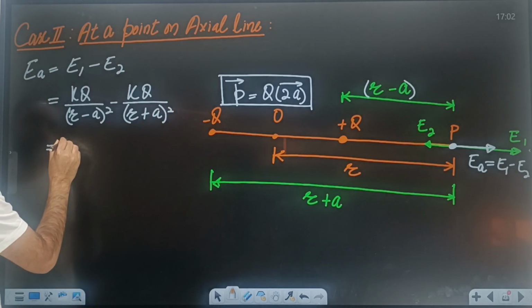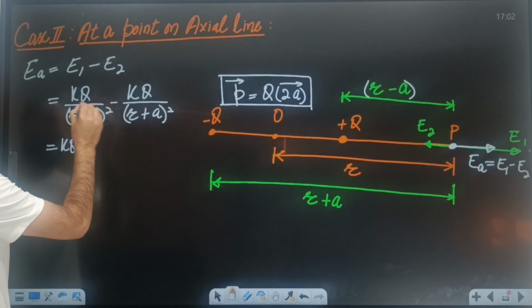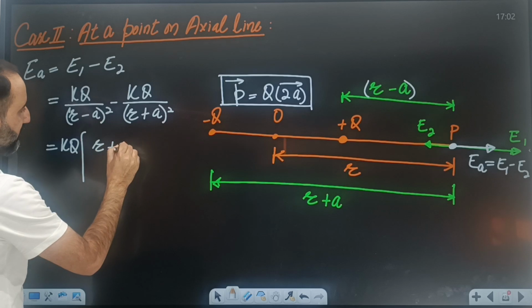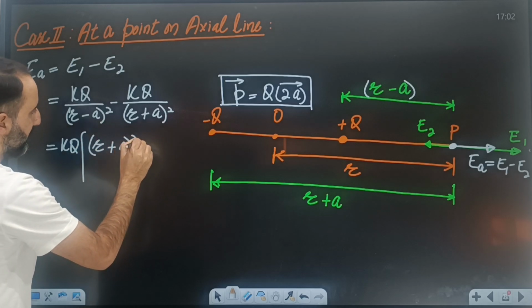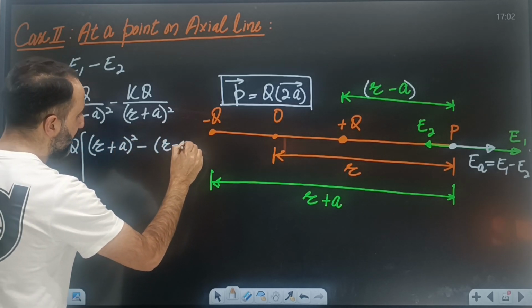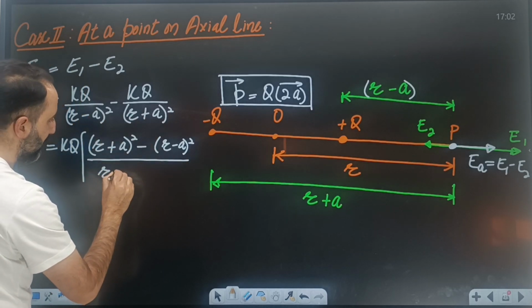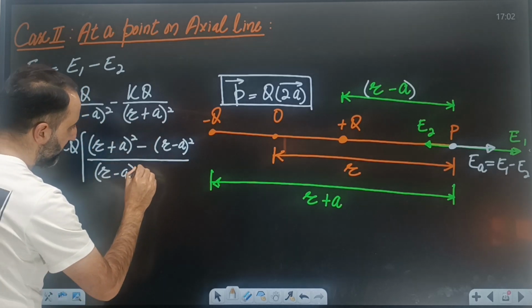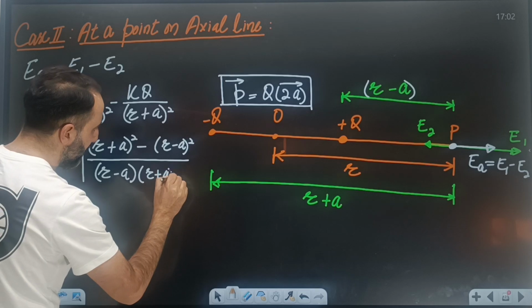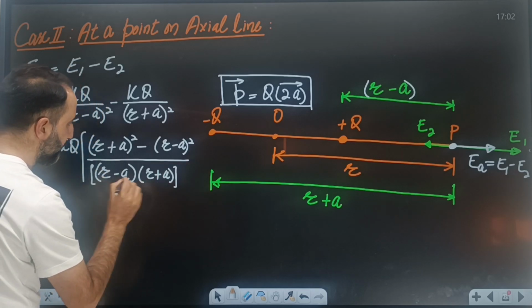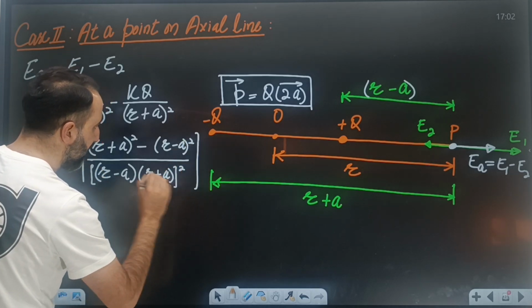Now this will obviously have kq common. Cross multiplication ये आएगा बेटा: (r plus a) whole square minus (r minus a) whole square, whole divided by (r minus a) whole square into (r plus a) whole square. ठीक है बेटा? This is the net electric field.